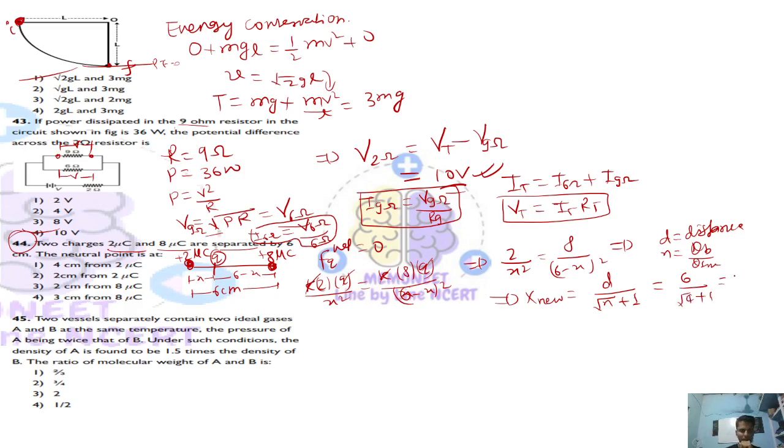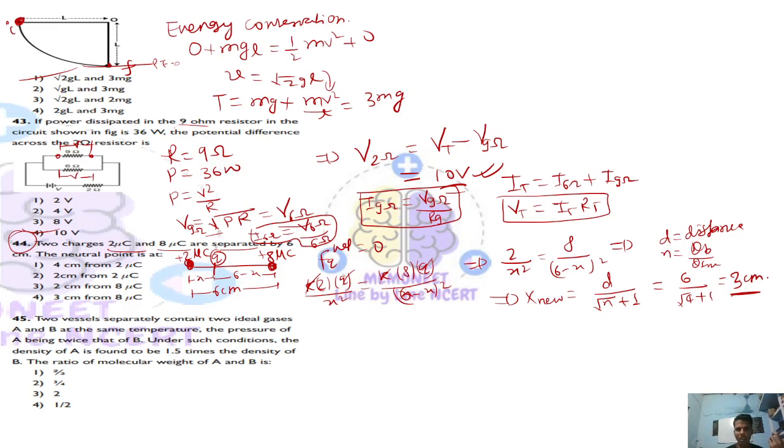It comes out to 6 by 3, so the neutral point is 3 centimeter. Once you know the neutral point you can easily find the answer. You just need to calculate x, which comes out to be 3 centimeter, and we have taken x from the 2 microcoulomb charge. So the answer will be 44, once you calculate it out.